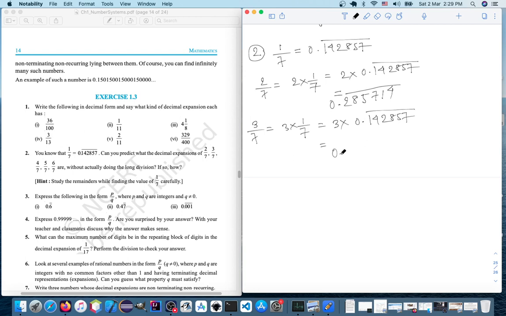If you multiply 0.142857 by 3, we get 21, 15, 17, 24, 25, 6, 8, 12, 4. 4 by 7 is 4 into 1 by 7.